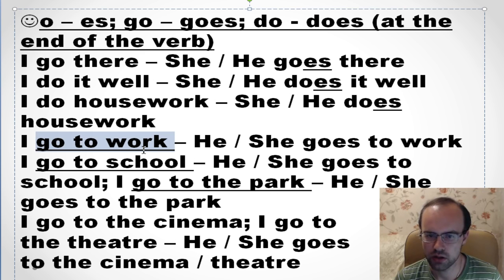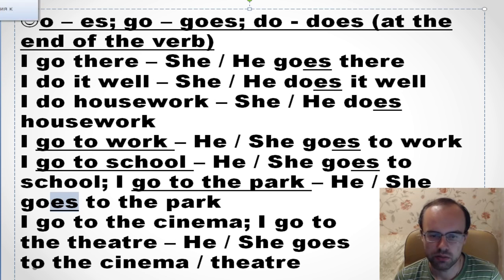I go to work, but he goes to work or she goes to work. I go to school. He goes to school or she goes to school. I go to the park. He goes to the park or she goes to the park.